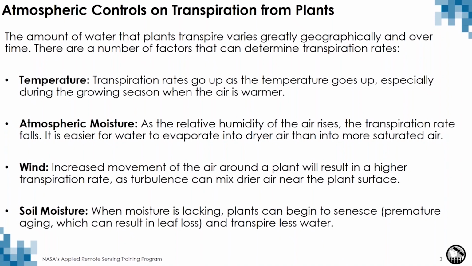These four controls are all tied together, and no single one really dominates. It's how they all interact together that is how we understand how the plant interacts with the atmosphere and that exchange of water.